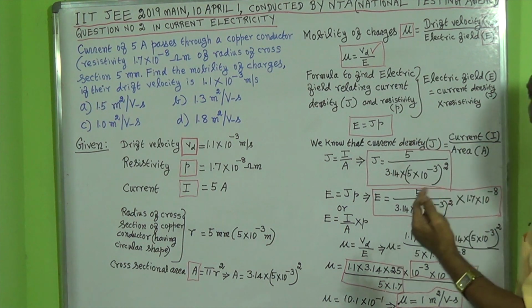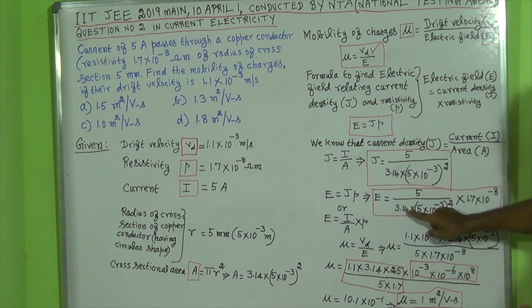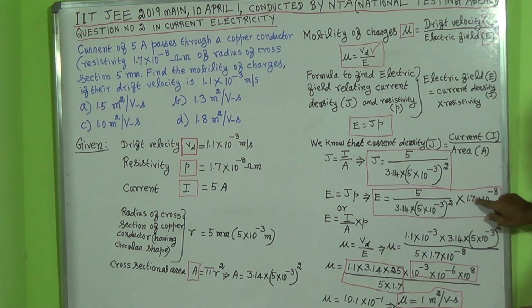What is the electric field we have determined? 5 by 3.14 into 5 into 10 to the power of minus 3 the whole square into 1.7 into 10 to the power of minus 8.